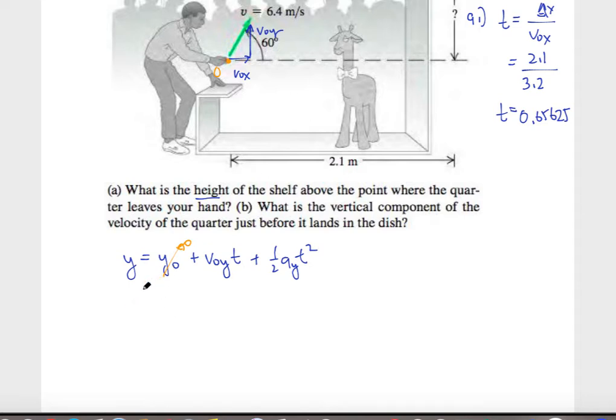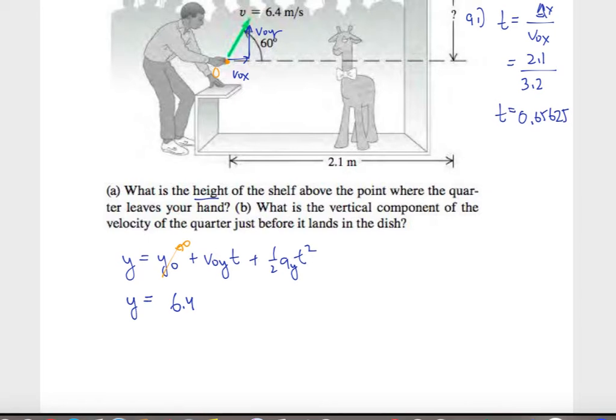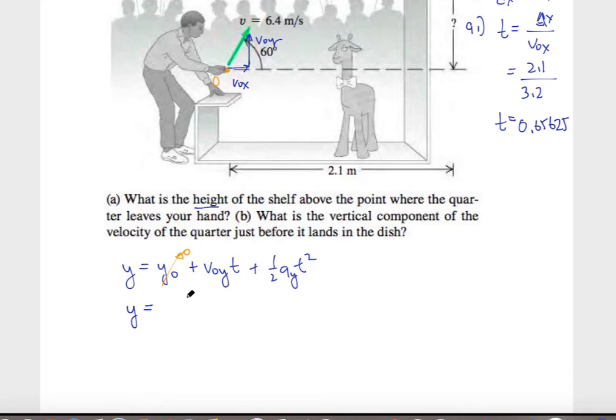So I'm going to say that our final y is what we're looking for. So we have y equals, now v naught y is 6.4 times the sine of this angle, or as we found earlier, 5.54 meters per second, multiplied by our time of 0.65625 seconds, plus 1/2 times -10 times 0.65625 seconds squared.